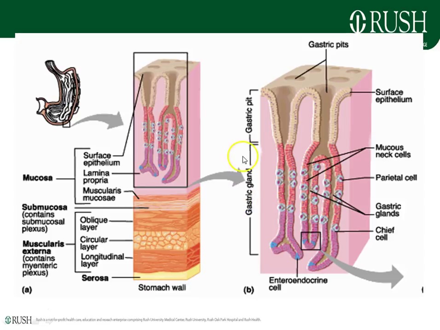On the right, the diagram demonstrates the finer structural characteristics of the gastric pits and the gastric glands. You can see that the gastric pits are lined by the mucus surface cells, and then the gastric glands have a couple of different cell types, which we're going to discuss in more detail. The most important of these being the parietal cells and the chief cells.